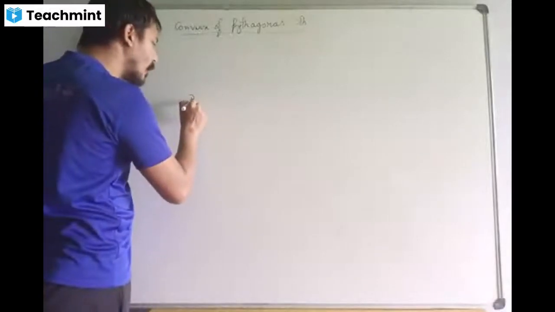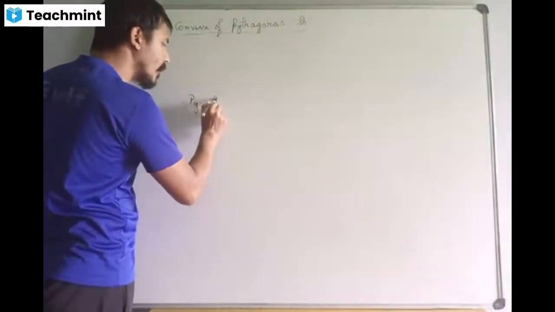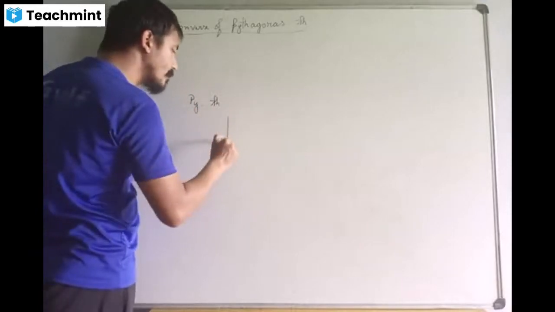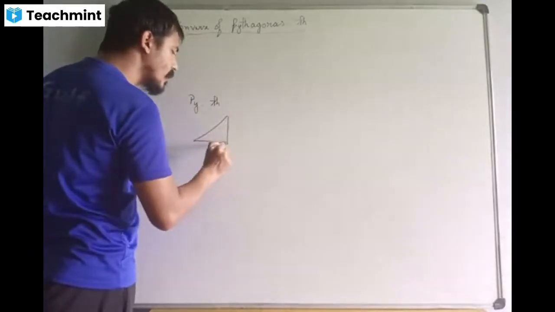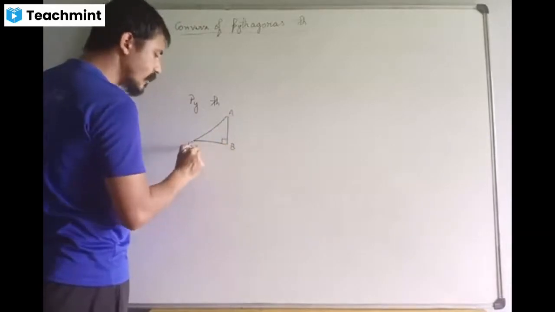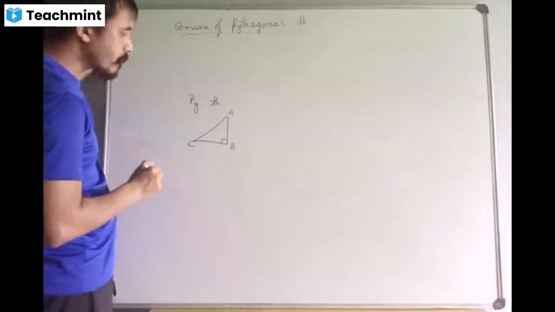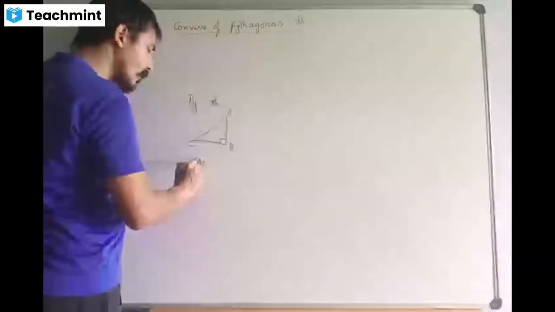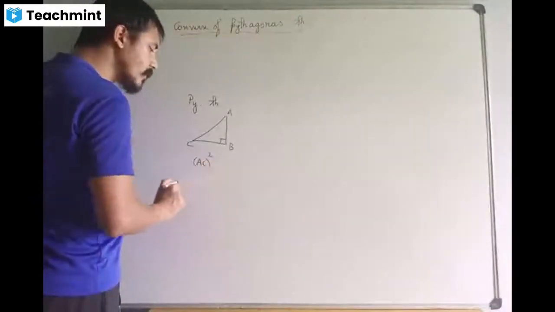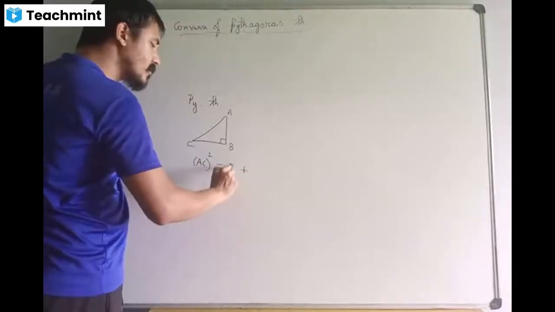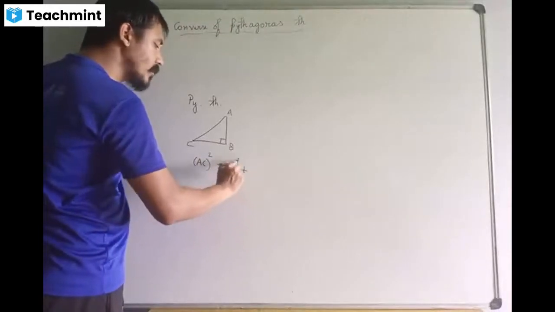When we talk about Pythagoras theorem, a right triangle was given, and you have to prove that square on the longest side or square on one side is equal to the sum of squares on the other two sides.